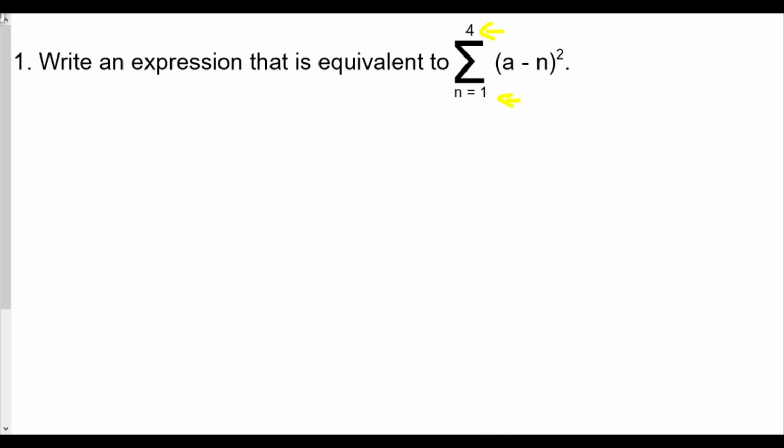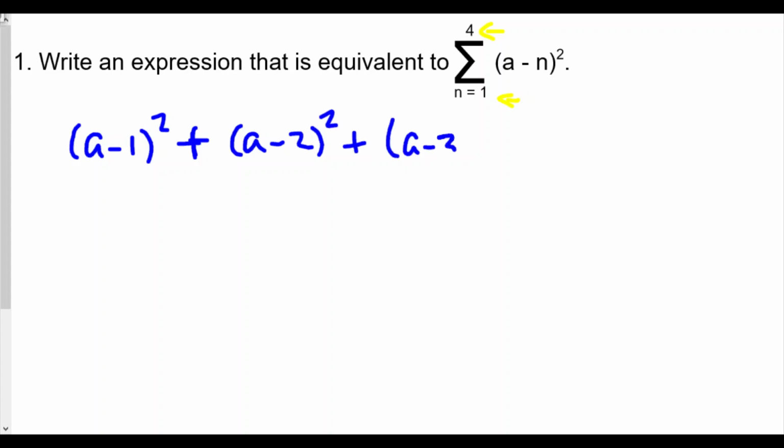So when we plug in 1, it'll be (a minus 1) squared, plus, and now our next number is 2, because again, the integers are 1, 2, 3, and 4. (a minus 2) squared, again, only for n, not for a, plus (a minus 3) squared, plus (a minus 4) squared.